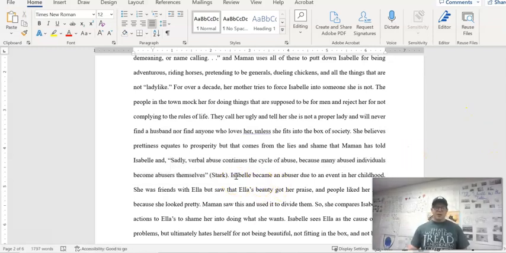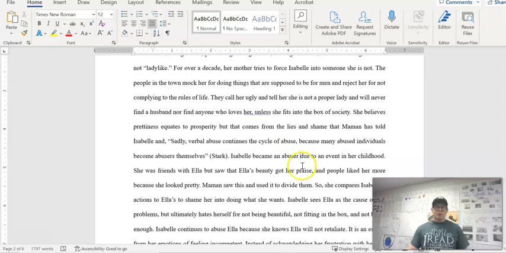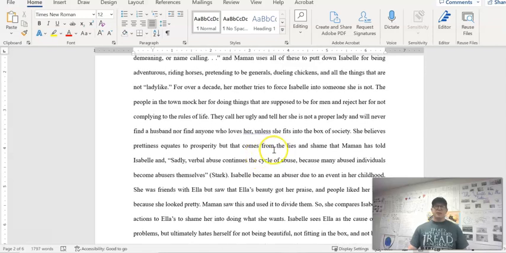Here we have Isabel became an abuser due to an event in her childhood. Okay, so this is about how Mammon is currently abused.